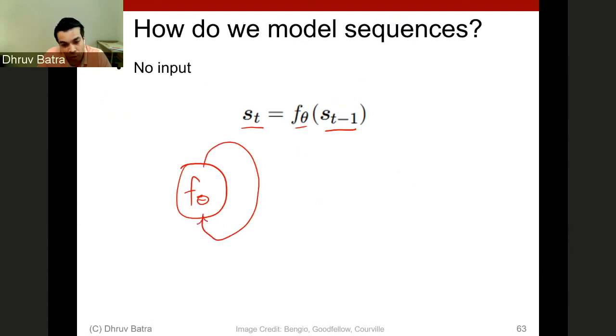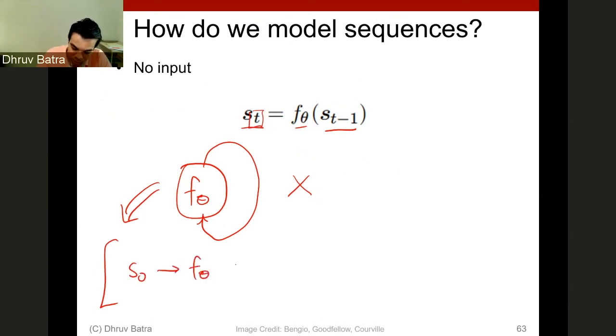Its output is state s, and its input is also s. But this is not allowed under our formulation of a directed acyclic graph. So the way to write this as a non-loopy graph is to just introduce a notion of time: we start with S0 and we have f theta as an operation that happens on it, which produces S1, which goes to f theta again, and this gives us a sequence.